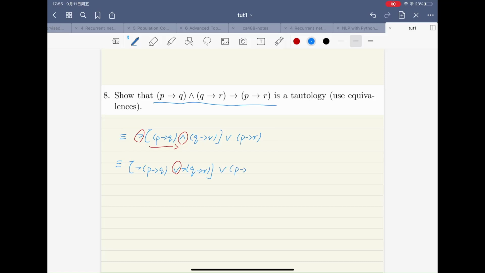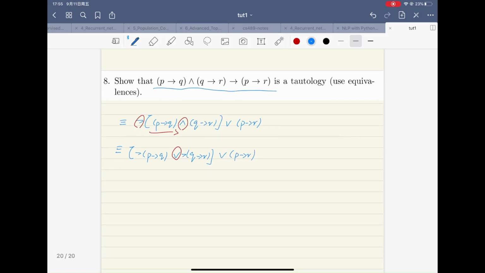Or P implies R. Then we want to eliminate the implication inside. So we have not (not P or Q) or not (not Q or R), or not P or R.